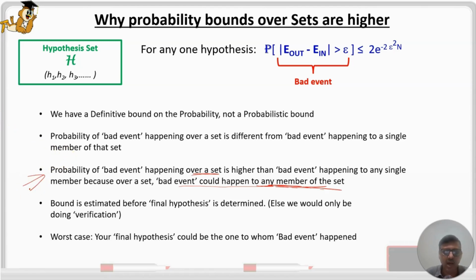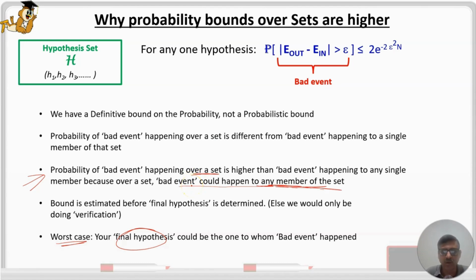And in your worst case, the final hypothesis that you select, which minimizes your Eout, could be that one hypothesis to whom the bad event happened, right? Therefore, the probability bound over a set has to be higher than the probability bound for a single hypothesis.